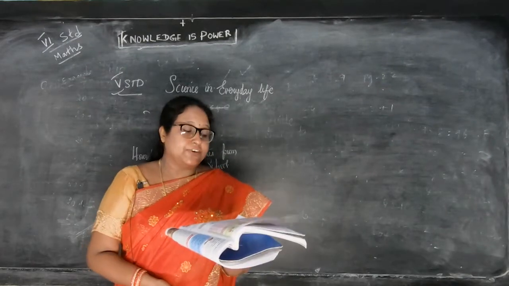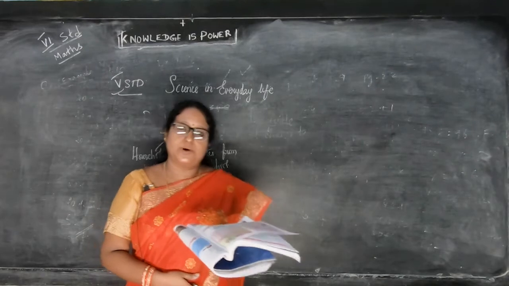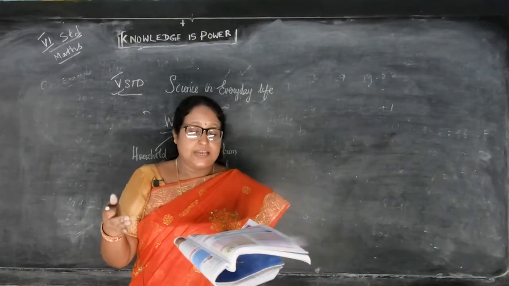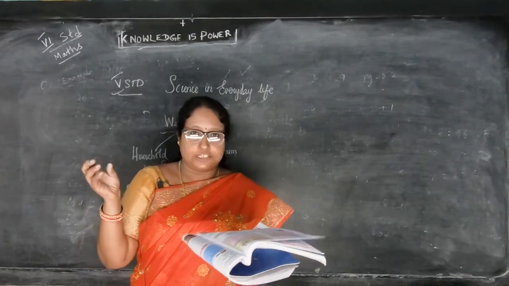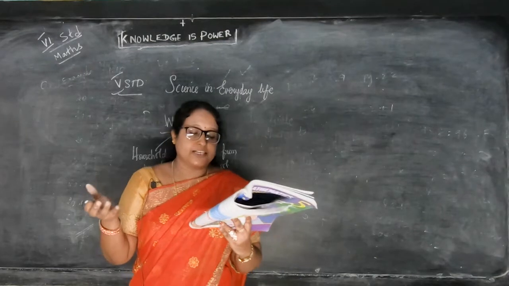Then toxic waste like old medicines. Medicines that have expired, they are old, isn't it? Then paints, chemicals, bulbs, tube lights, spray cans, then fertilizers.